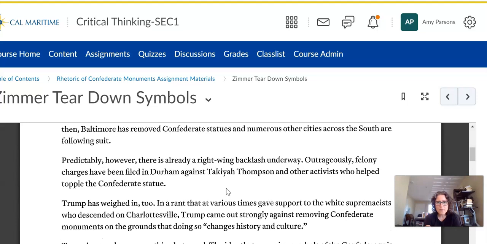He calls it a right-wing backlash. Outrageously felony charges have been filed. You know, it's not outrageous that they were filed because according to the technical statutes, they probably did do some vandalism. So you were all really great about that.